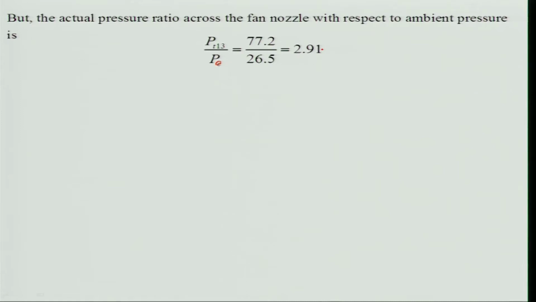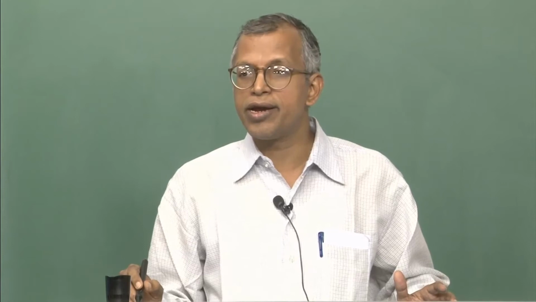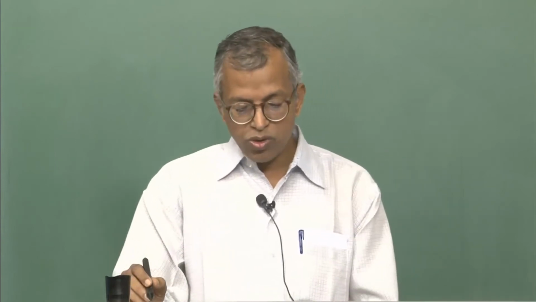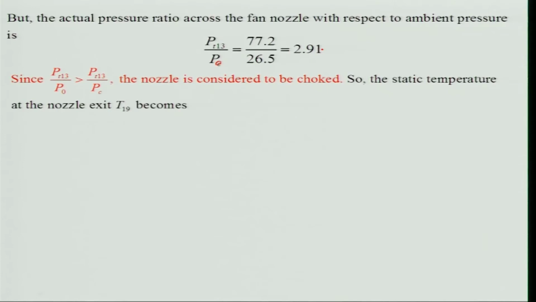What is the meaning then? That means the pressure ratio across this will be higher. If it is higher, then is it choked or unchoked? It is basically choked. If it is choked, that means it is having a critical velocity, which is equal to the speed of sound at the exit.